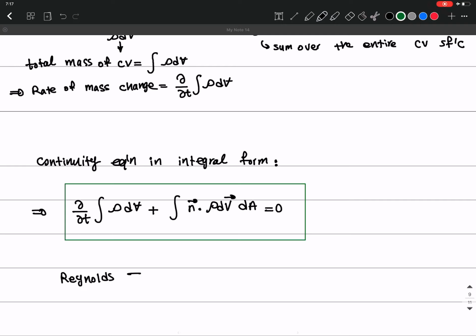So Reynolds transport theorem, you can also derive this formula. So let's see what it is.